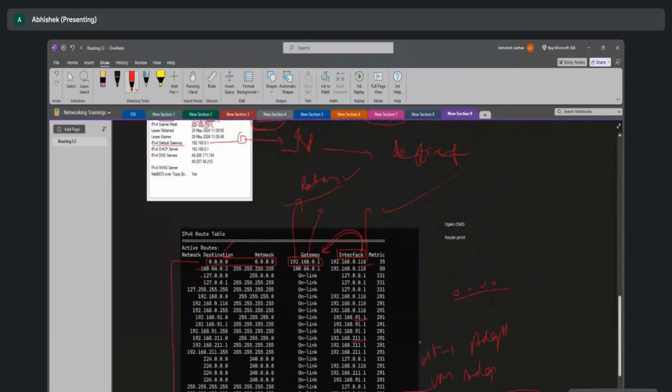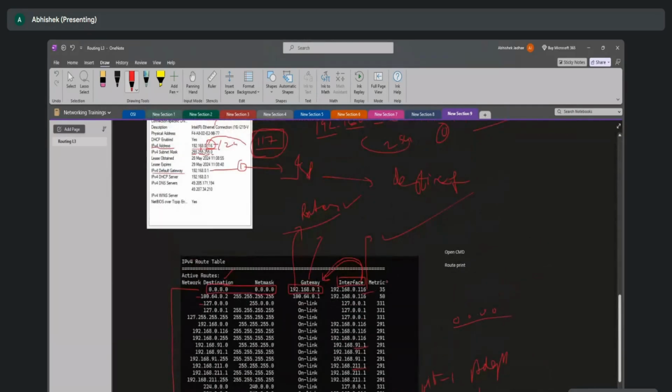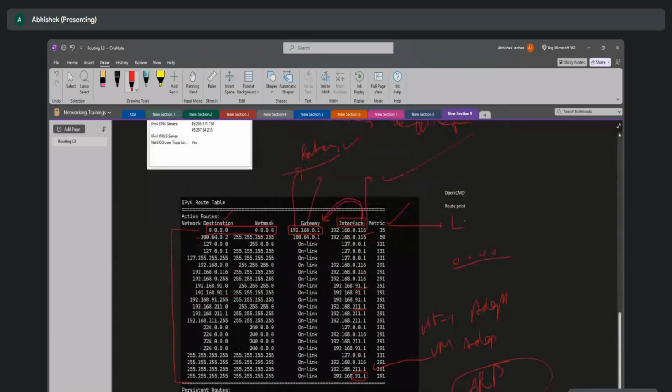Now we have an additional column here which tells what the metric is. The reason for this metric is to inform the router or the device or the network interface card that this is the most preferable route. Yesterday I told you that in networking the least number is the preferable one, right?